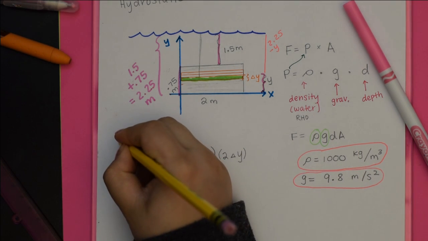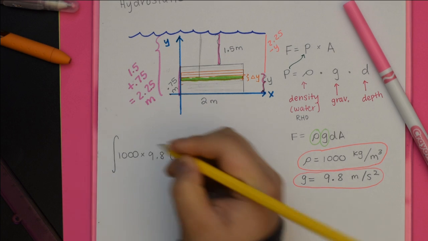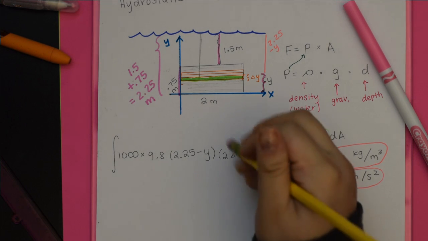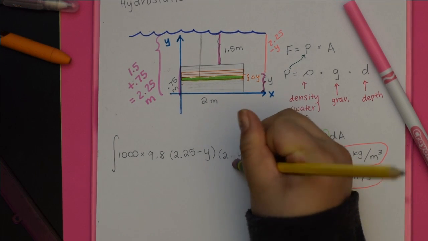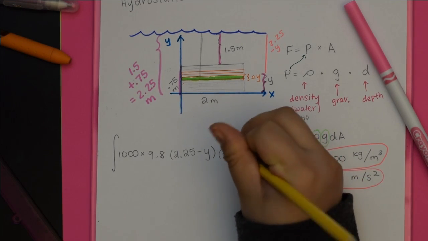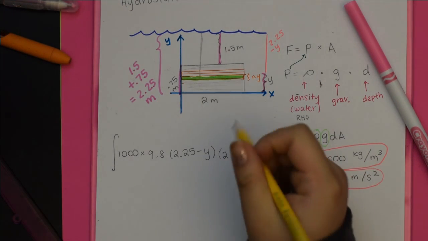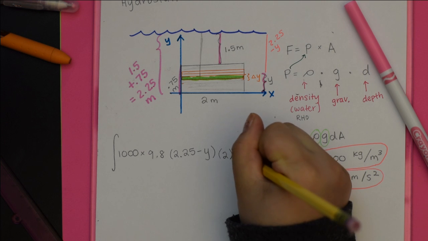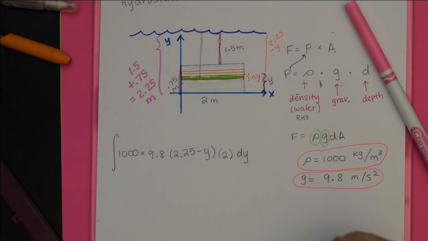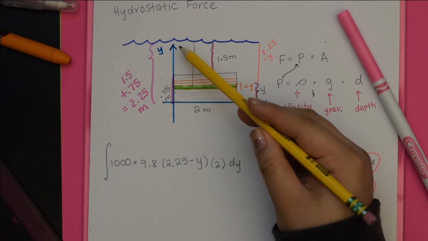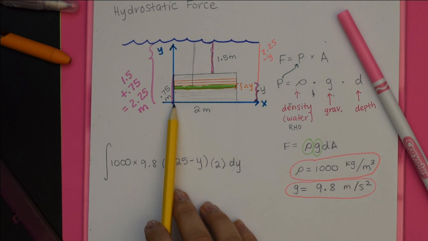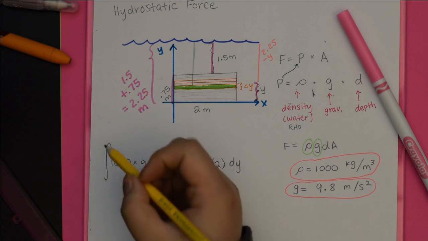And when we integrate, this delta y won't be delta y anymore. It will become dy, because it's infinitely small. And we're going to integrate, we're going to add y from 0 to 0.75.